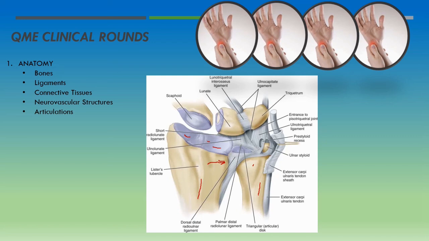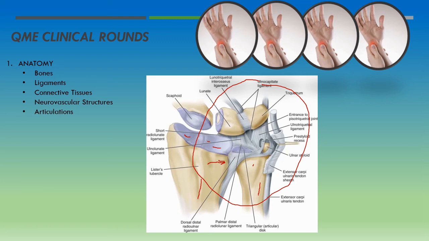And of course, pronation and supination movements here are going to affect the activity of the proximal row of carpal bones as well. So here we have the ulnar aspect of the wrist, and look at how many structures are involved in the ulnar aspect of the wrist.